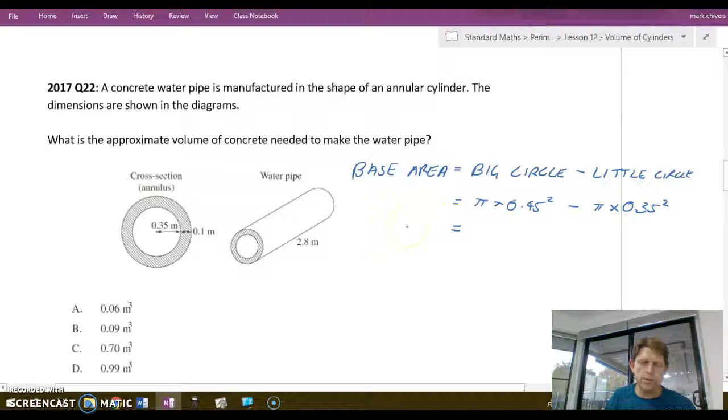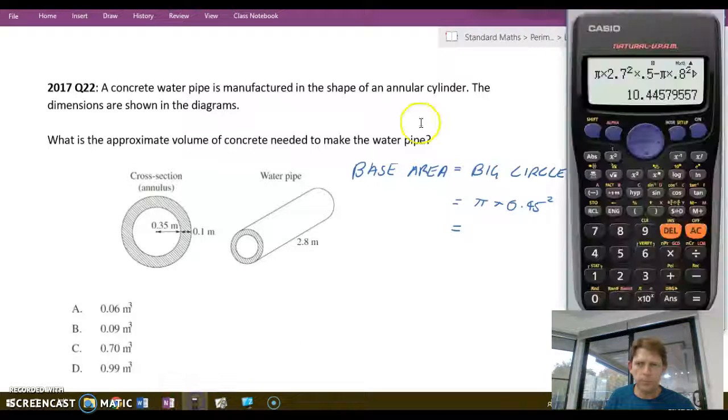So when I plug those into my calculator, we're going to have pi times 0.45 squared, take away pi times 0.35 squared equals, and now this is the area of my base.